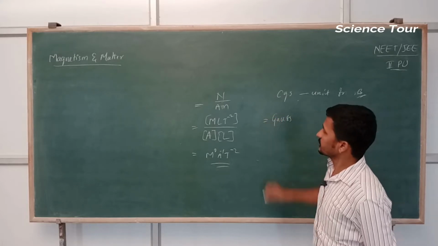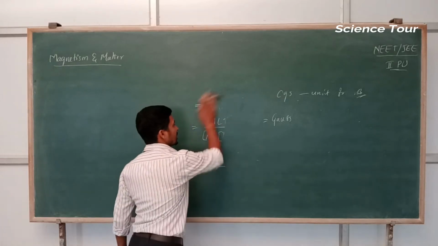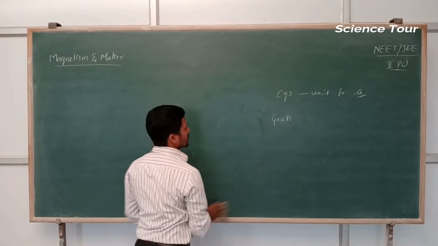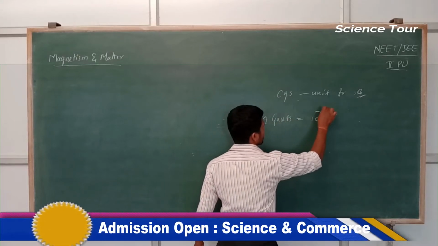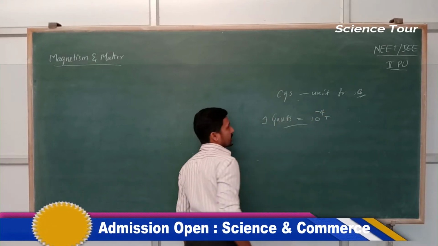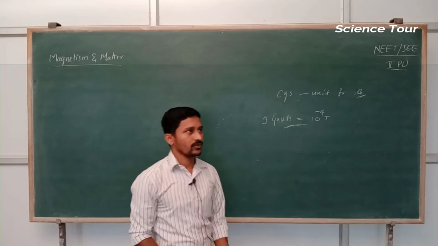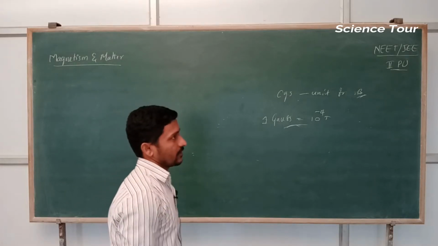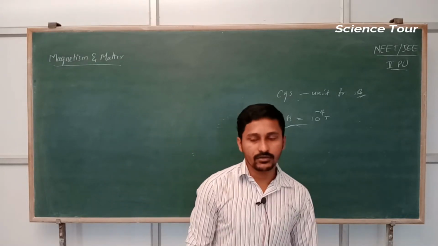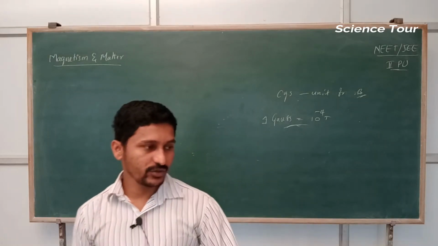So what is the relation between the CGS unit and the SI unit, Tesla? 1 Gauss is 10 to the power minus 4 Tesla. See, Tesla is the greater unit, Gauss is the lesser unit. So 1 Gauss means 10 to the power minus 4 Tesla. This is what we are going to talk about the magnetic field.